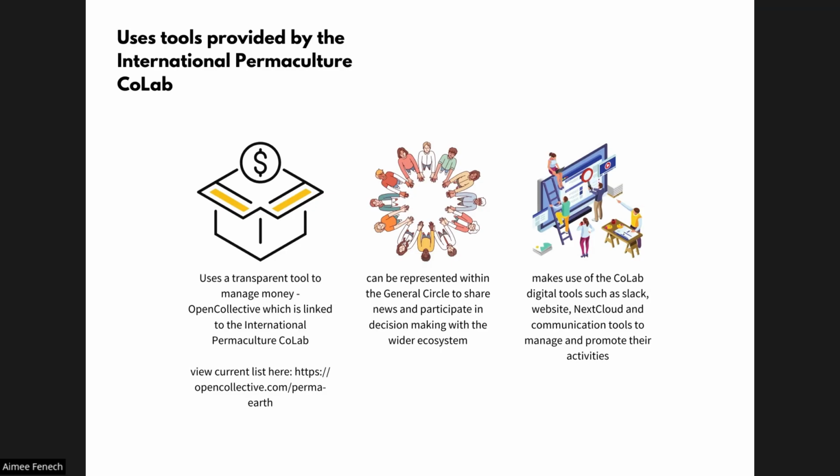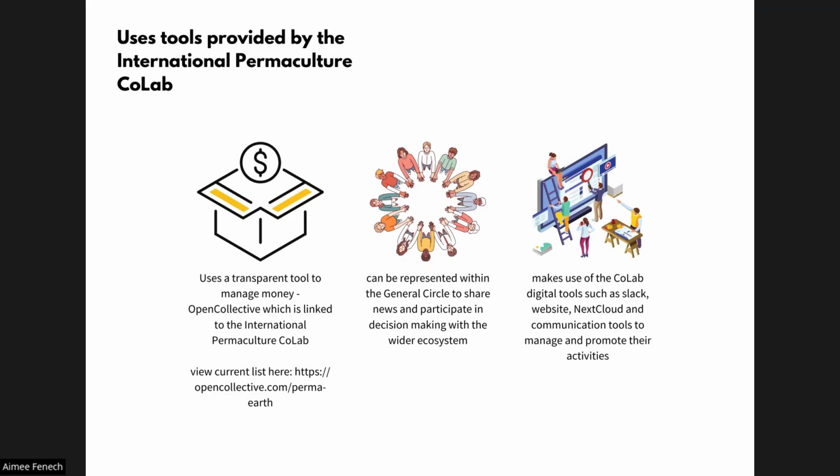Okay, then other types of tools that the CoLab provides are important. As you can see, the CoLab Slack workspace is linked to the CoLab membership. Using the Slack is an important part of communication, so that's the preferred communication tool. Then we also provide the CoLab website, so any micro-enterprise can have a page on the CoLab website promoting their services.